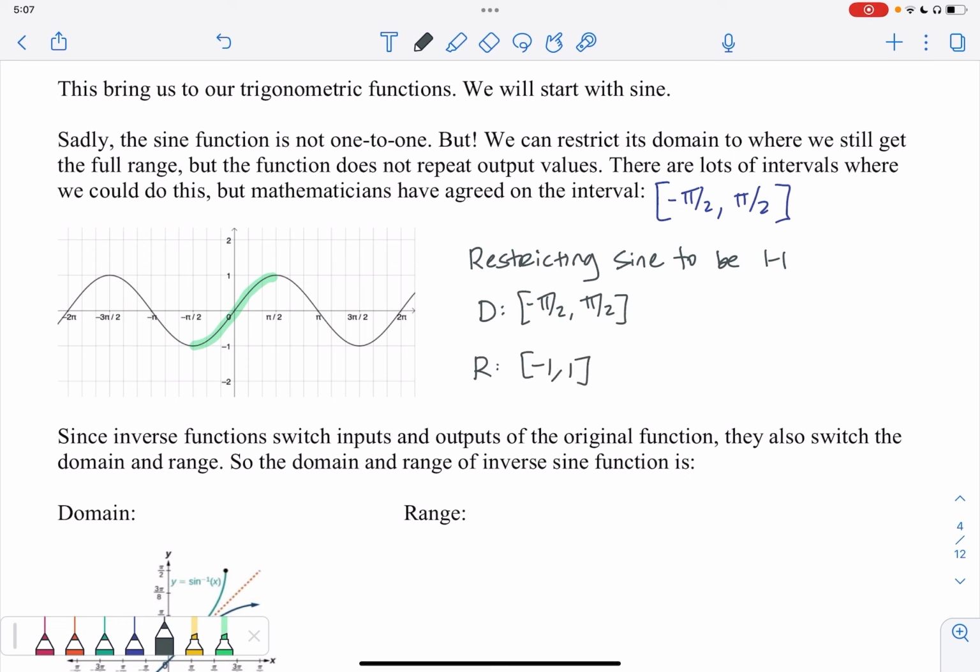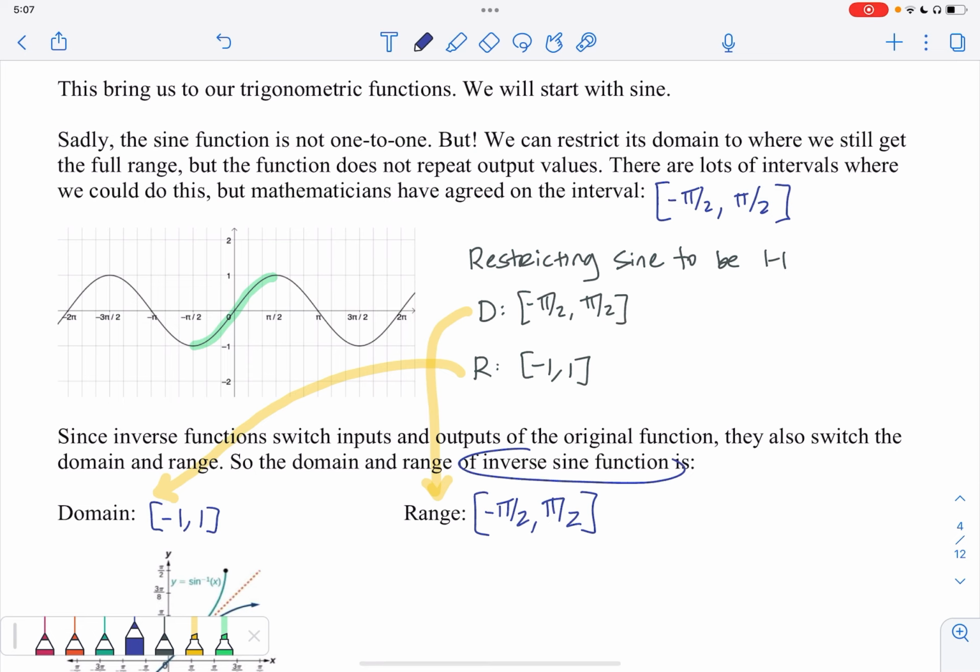Because these are inverse functions, they're going to be reversed. So the range is now the domain of the inverse, and the domain of the original sine is the range of the inverse. So let's write those values in. The domain is negative 1 to 1, and the range is negative pi over 2 to pi over 2. Again, this is for the inverse sine function.